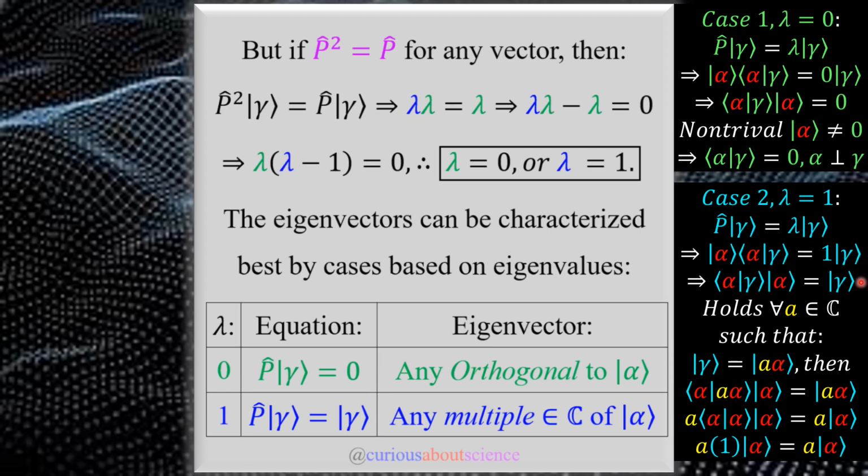This only is true if the eigenvector is a scalar multiple of the vector of interest, alpha. So what we say is that this holds for all A in the complex world. It can be anything, and that's okay because eventually it will cancel, insofar as we define the gamma ket vector to equal some scalar multiple of alpha.